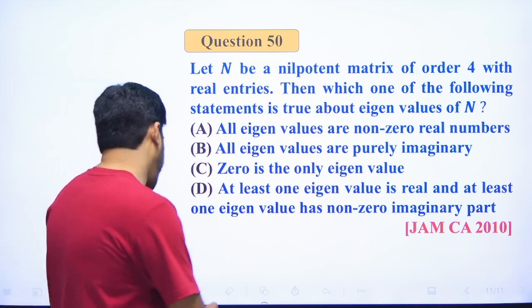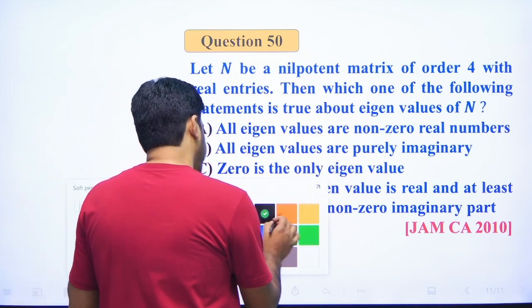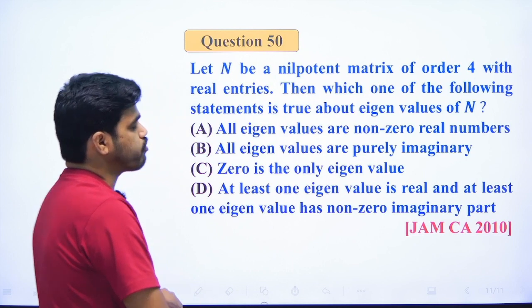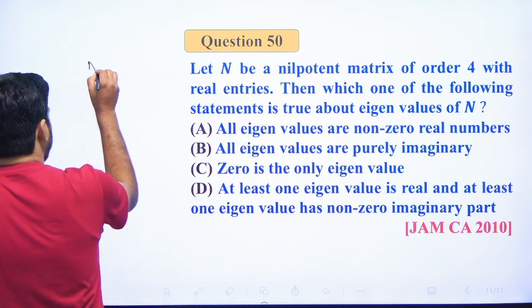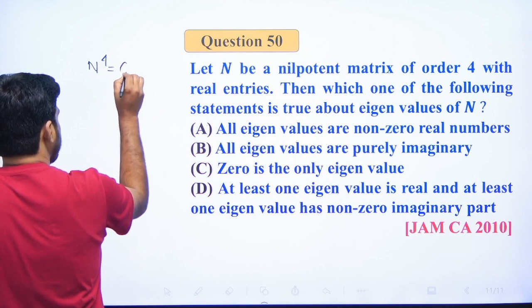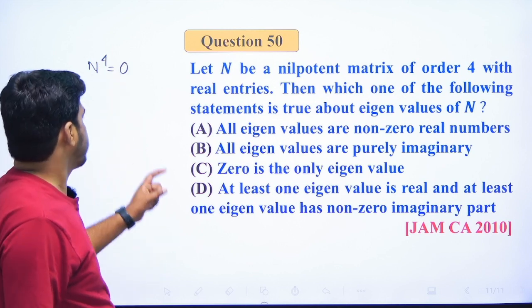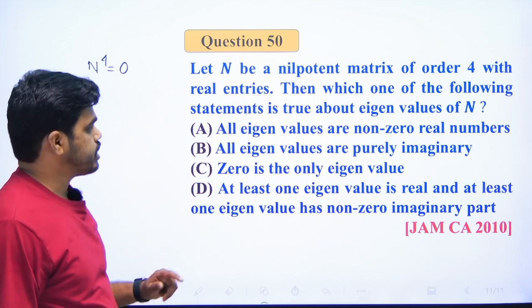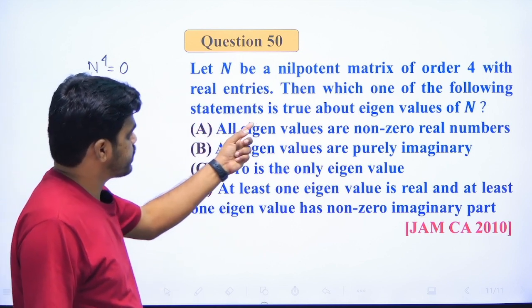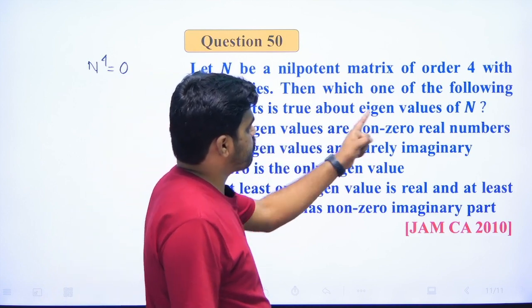What does it mean? It means that N to the power 4 is equal to the null matrix. N is a nilpotent matrix of order 4 with real entries, then which of the following statements is true about the eigenvalues of N?